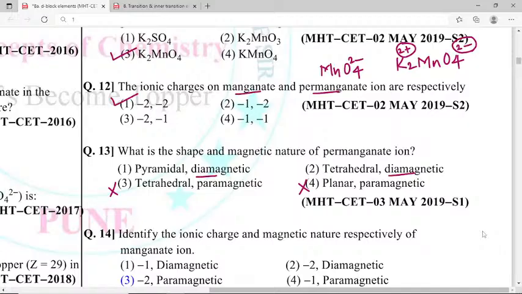MnO4 2 minus is tetrahedral. The shape of the permanganate is tetrahedral.